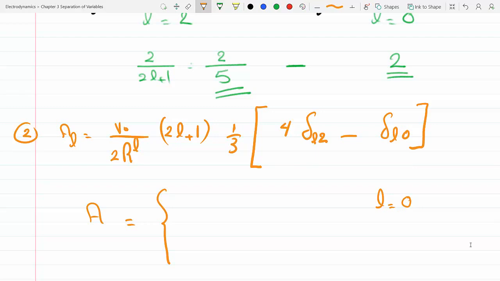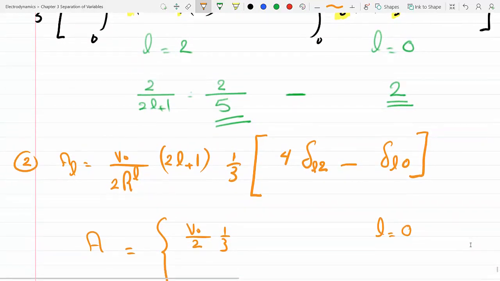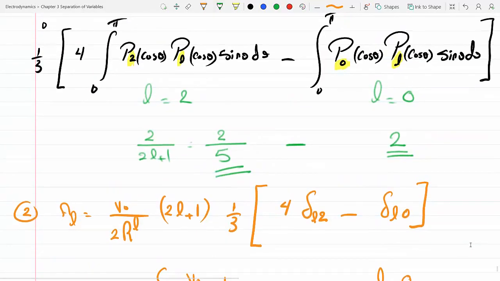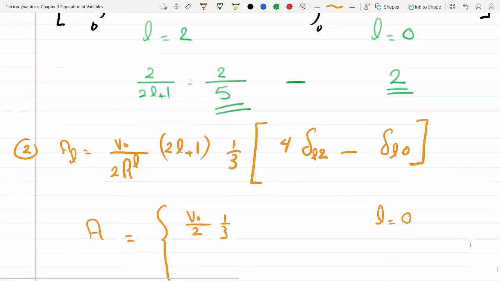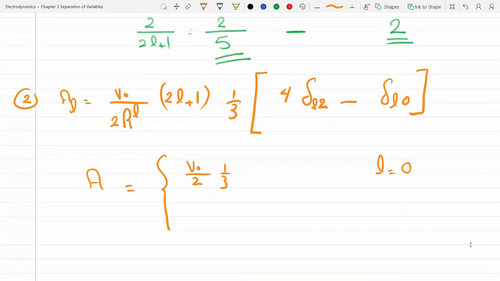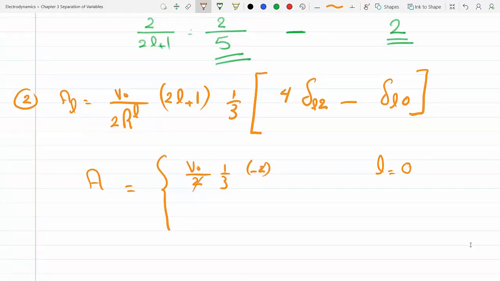If L is 0, then this becomes V0 over 2, and then I get 1/3, and the first term will be 0, and the second term will be 1 multiplied by -2, because that is 2 over 2L plus 1. So 1/3 times -2, this would cancel, and we would get minus V0 over 3. That's if L is 0.